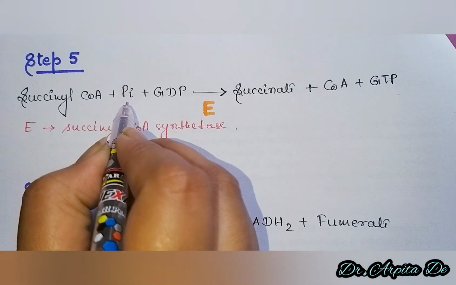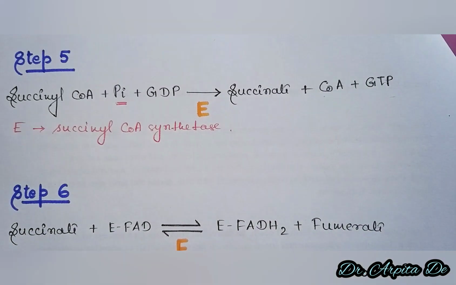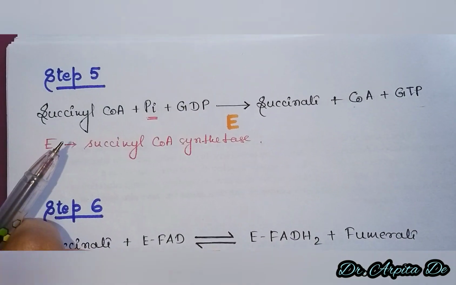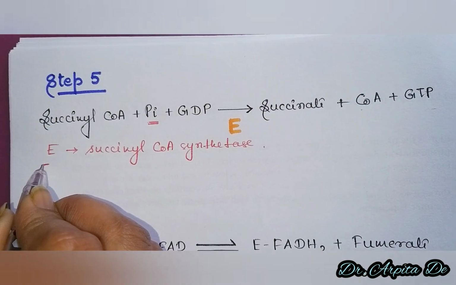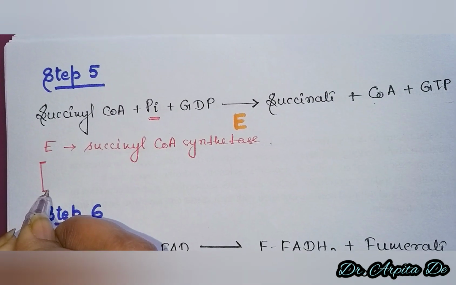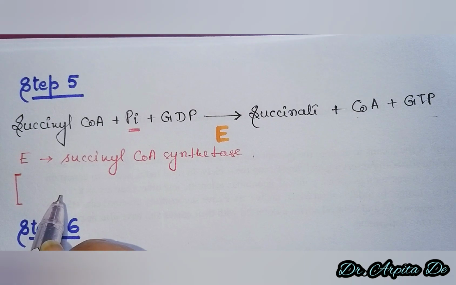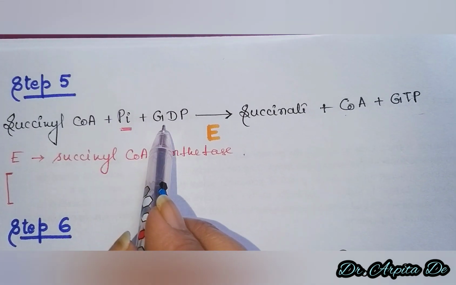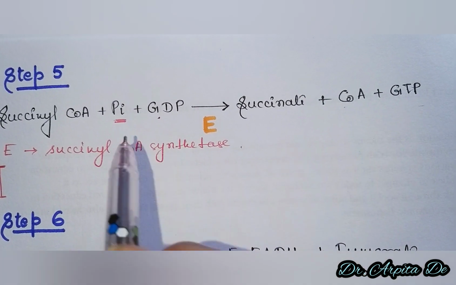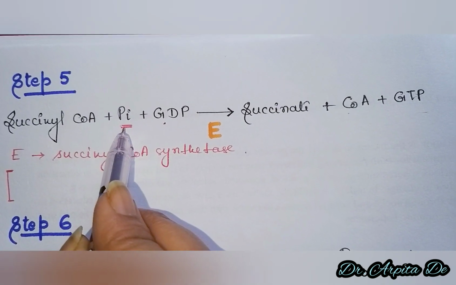This is the step where we can see substrate level phosphorylation. You can see this here in this step. We can see phosphorylation occurring at substrate level. GDP is getting converted to GTP with inorganic phosphate.